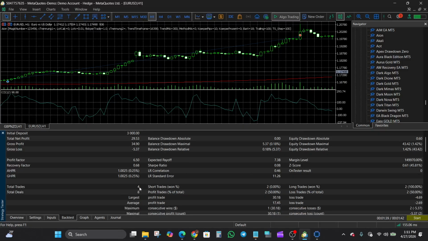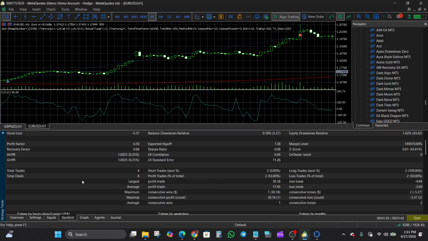There were only 4 trades taken. 2 were short trades, 2 were long trades. The 2 short trades were losing trades. You can see 0% won. The 2 long trades were all profitable. The largest profitable trade was $30.18. The largest losing trade was $4.69.